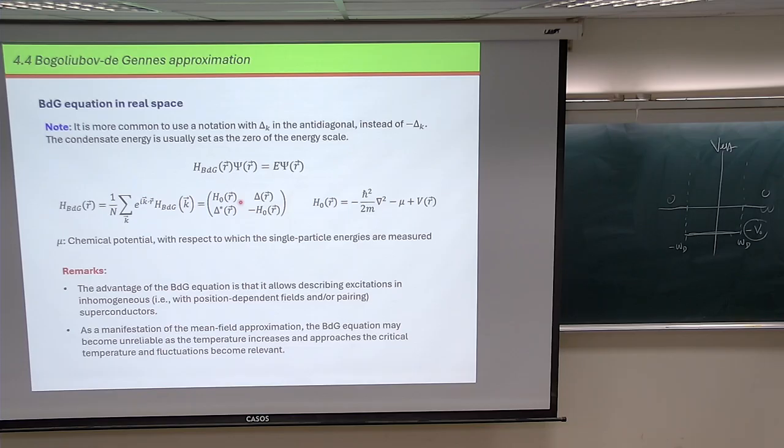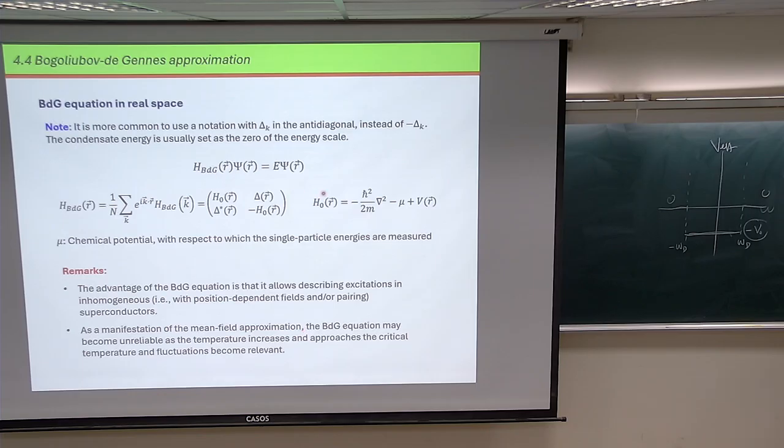Again, this equation allows you to study excitations in inhomogeneous superconductors. And by inhomogeneous, I mean that things in this system depend on position. The field depends on position, or delta depends on position. So then I can actually solve this equation and investigate the excitations through it.